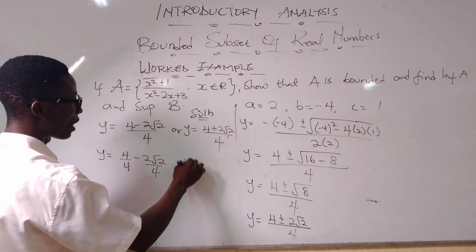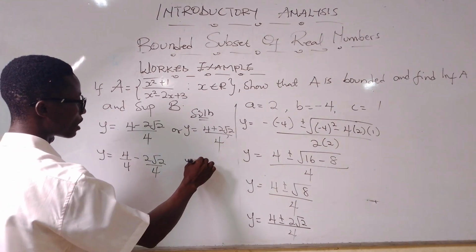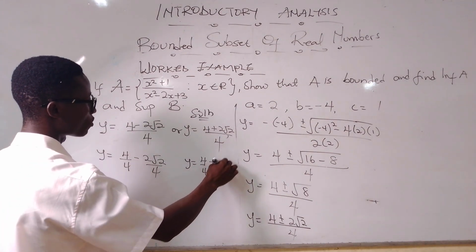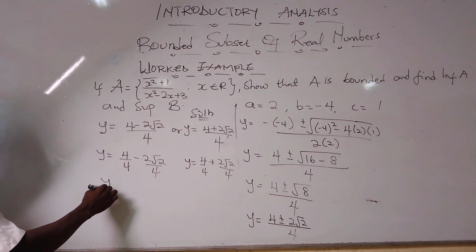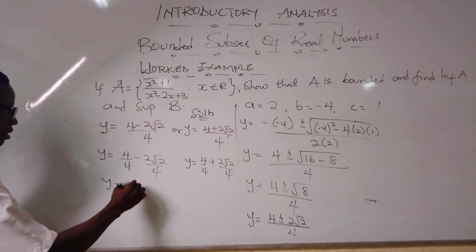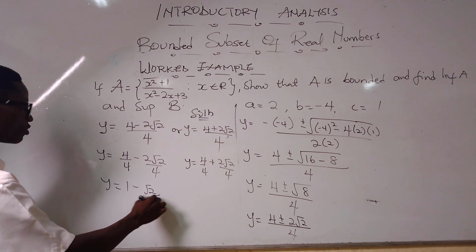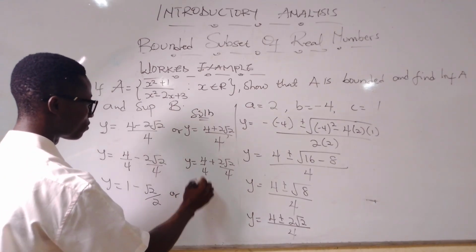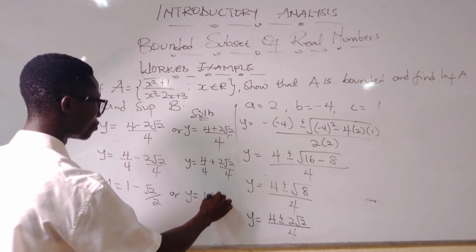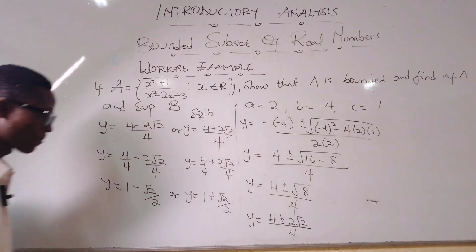And the same y, 4 over 4 plus 2 root 2 on 4. So here I'll get y is equal to 1 minus root 2 on 2, or y is equal to 1 plus root 2 on 2.